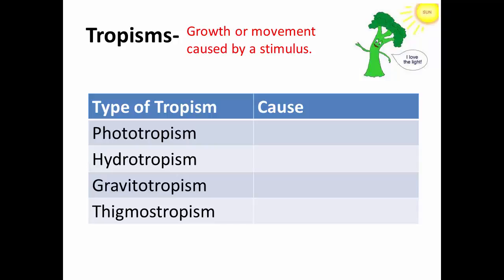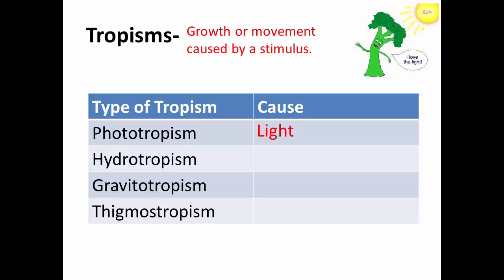No. Light. Phototropism is when plants grow in relation to light. Like if you ever have plants growing on a windowsill, they don't grow straight up. Yeah, they grow and they start bending towards the light. They're responding in their growth to some stimulus, that there's light on one side.